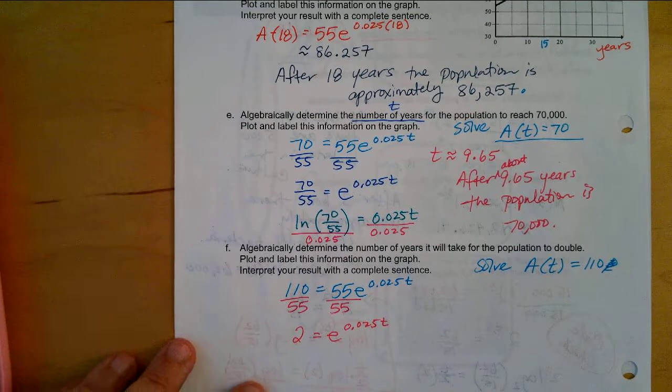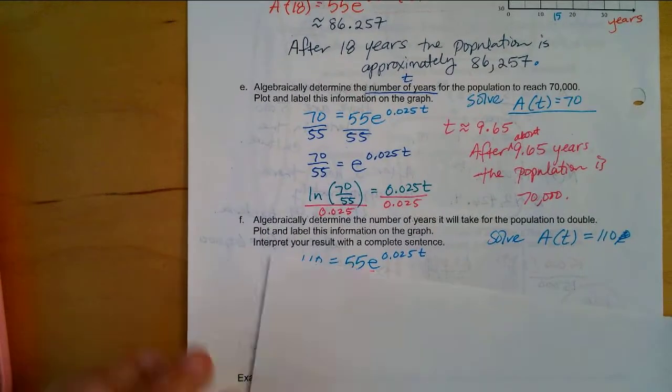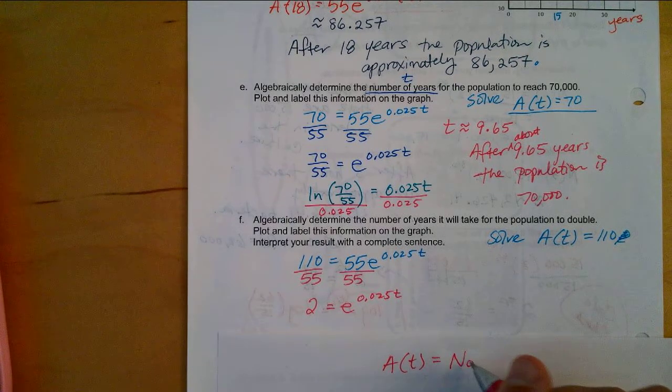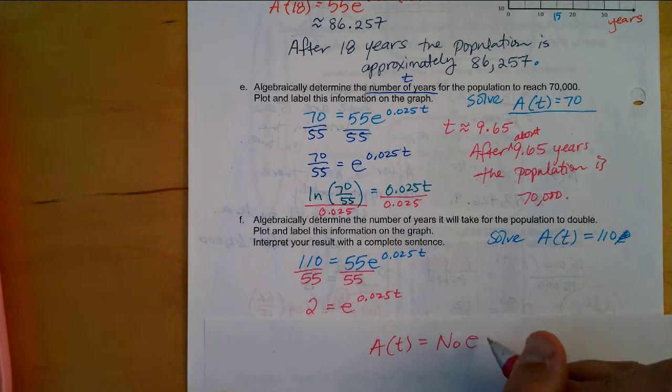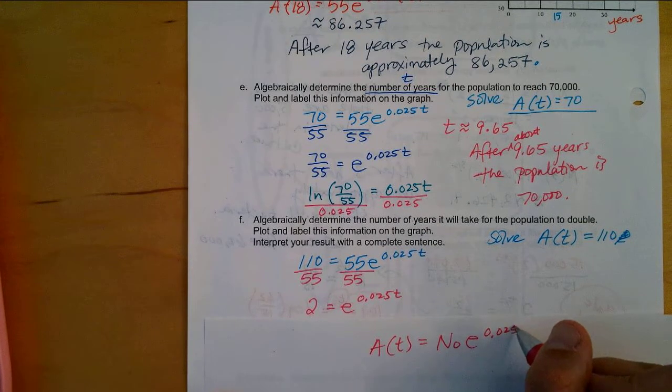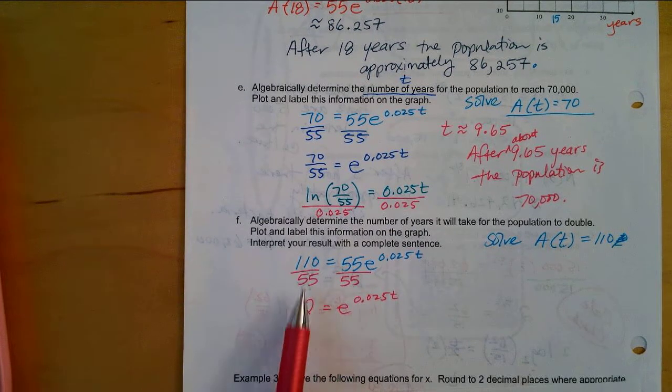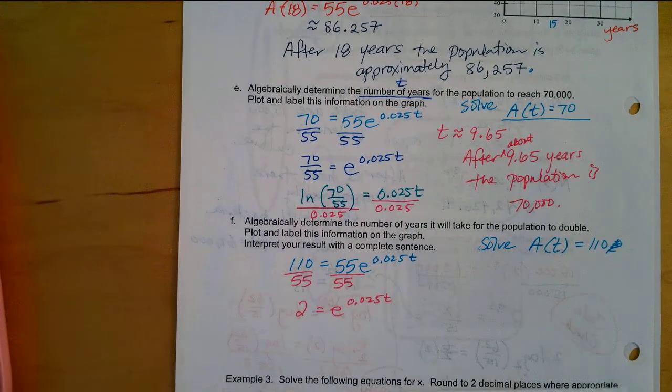If you had a problem that said the equation is A of t equals N sub 0 e to the 0.025t, and they didn't give you the initial amount, we call this N sub 0 the initial amount, right? And they just want to know, when does it double? All you would have to do is set it equal to 2 and solve, because when you divide out that number, you get 2 because it doubled, right?